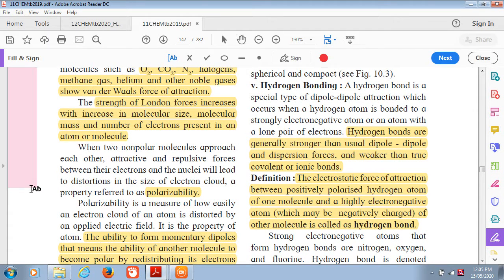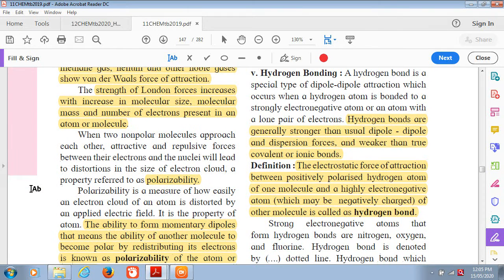What is the definition of hydrogen bond? The electrostatic force of attraction between the positively charged hydrogen atom of one molecule and a highly electronegative, negatively charged atom of another molecule is known as hydrogen bonding.